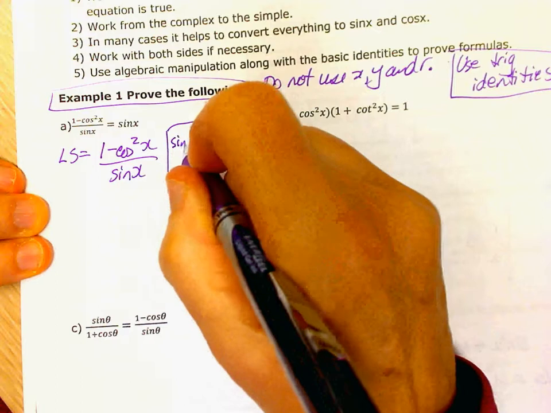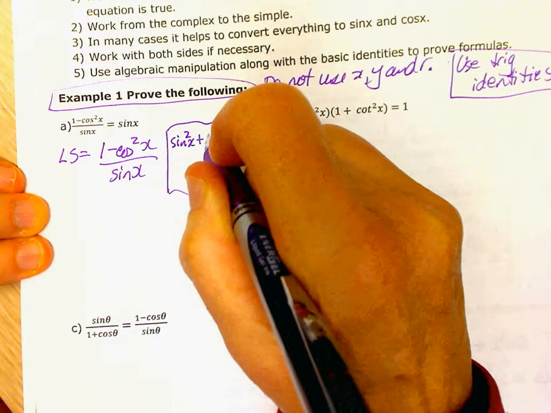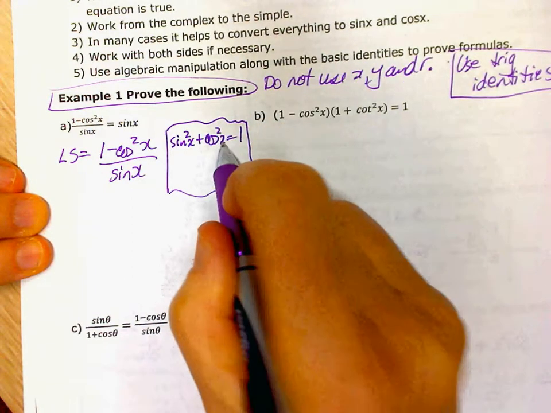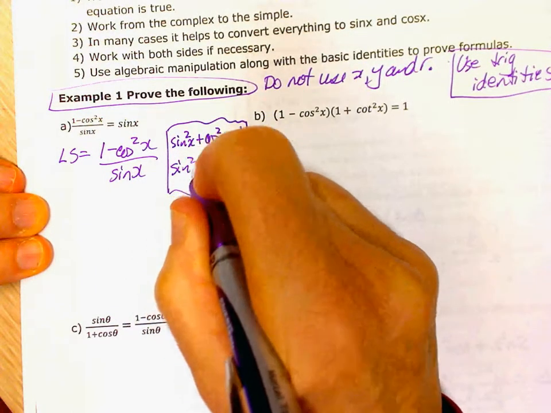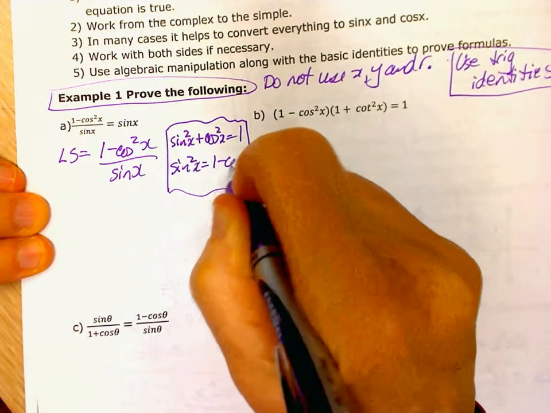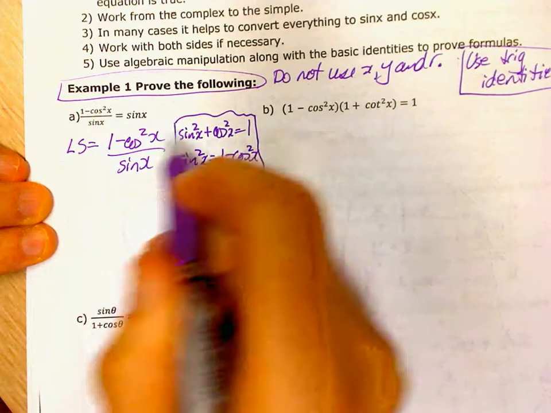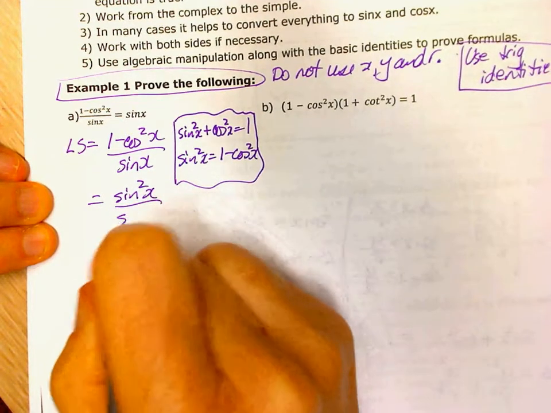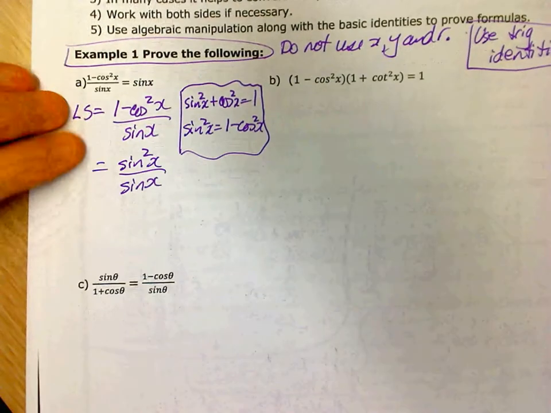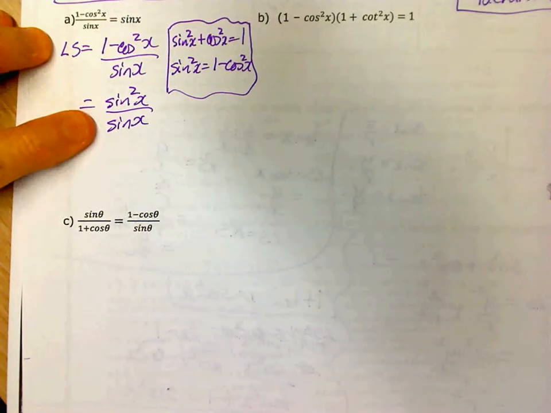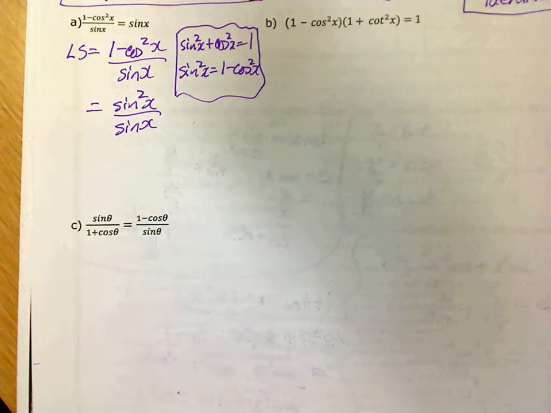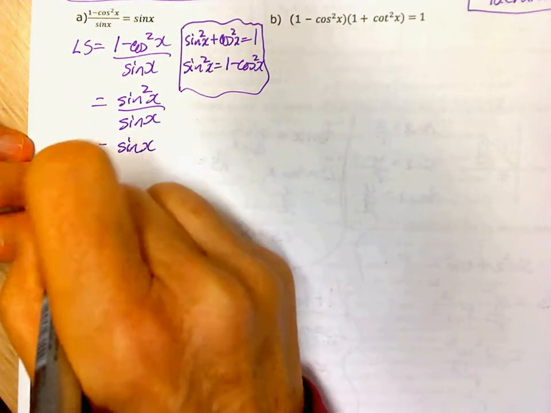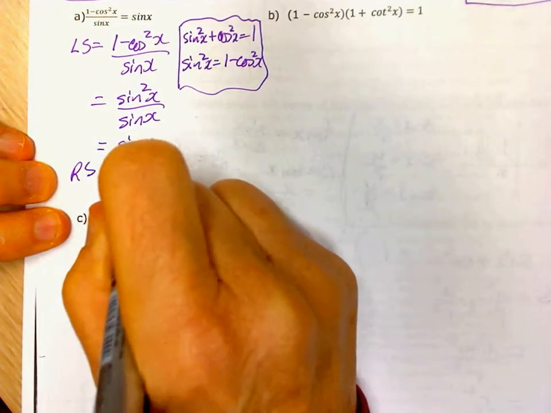You're working with this. So if you subtract cos squared x, sine squared x equals 1 minus cos squared x. So we know that this equals sine squared x over sine x. And what does sine squared x divided by sine x equal? Sine x, right? Right side equals sine x. Left side equals right side.